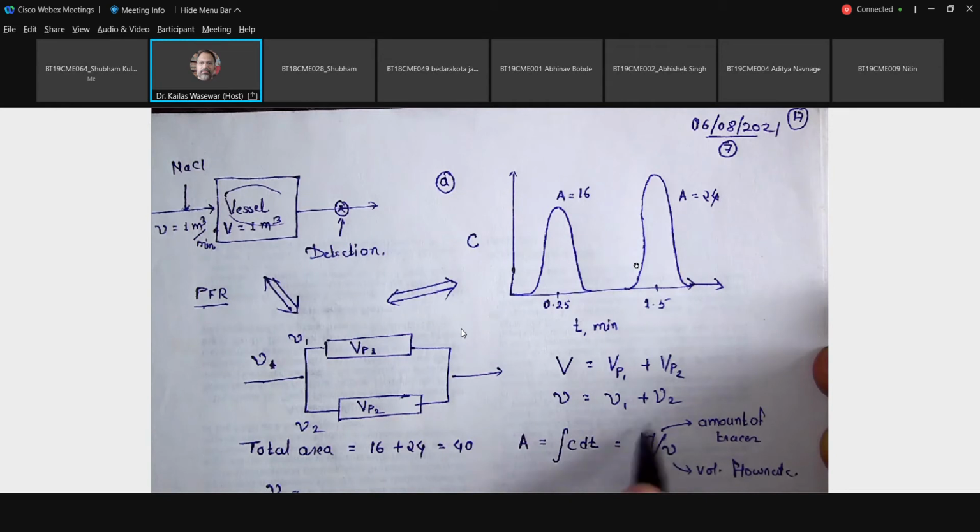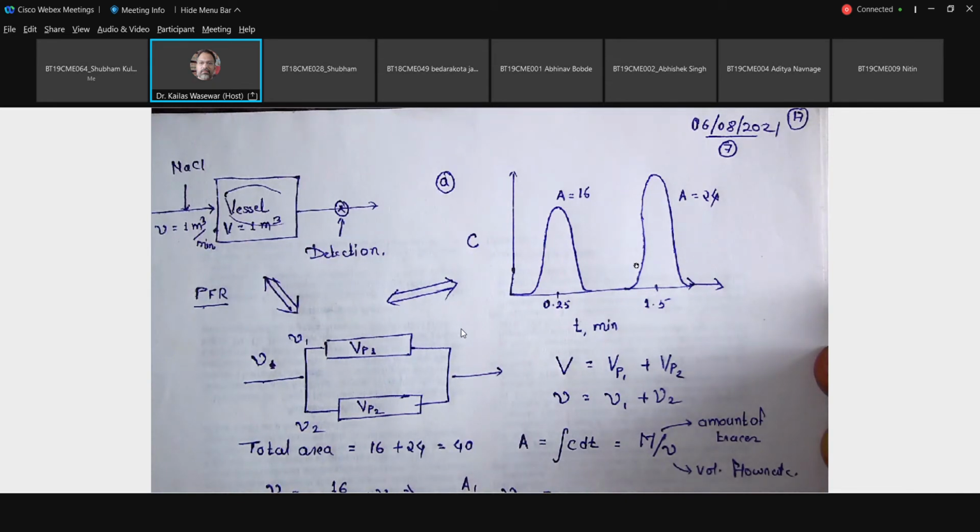So when you want to find out small v1, v will be constant. So small v1 will be in the fraction of area. For the first one, the fraction will be this one into your v, or it may be like this: A1 divided by A1 plus A2, and it is v. Which gives 16 out of 40, so 4 by 10.